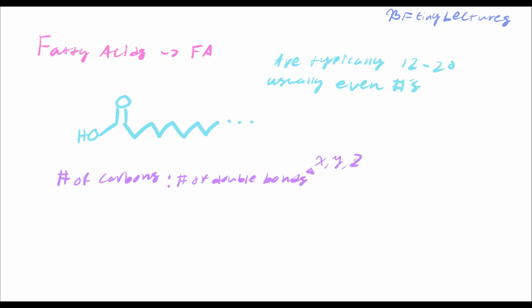So I'm just using letters as markers, okay? And I'll give you a real example. If you wanted to draw out the fatty acid, what does this mean for us? Well, this means that overall, there are 18 carbons, and there is one double bond. Now, that double bond occurs on the 9th carbon. Okay, let's have some fun and draw it out.